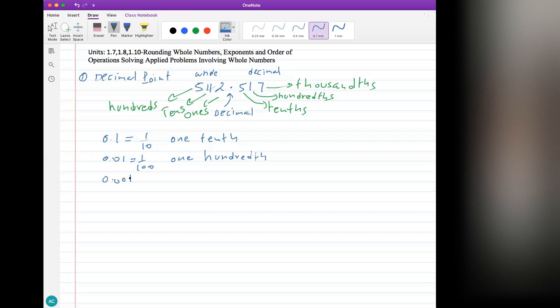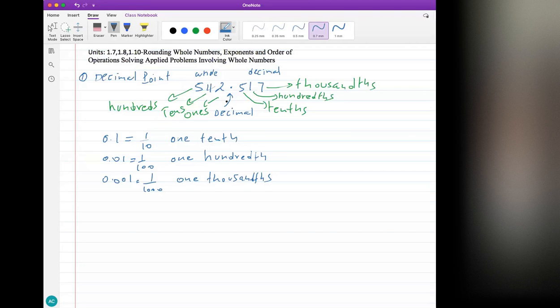Depending on the placement, what is this digit called? Thousandths, that's right, 1 out of 1,000. The third one is for the thousandths.